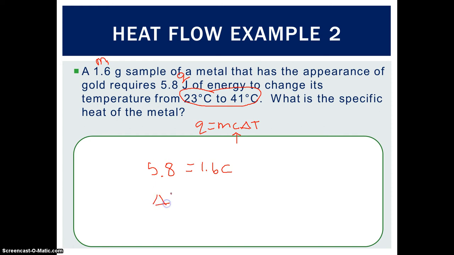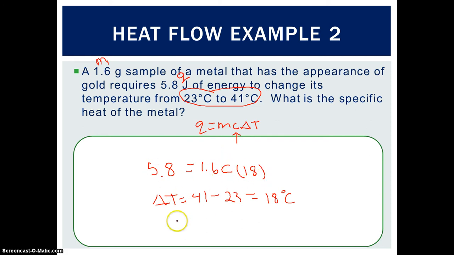Delta T is final, so the temperature is heated to, which is 41 degrees, minus the initial temperature, which is 23. 41 minus 23 gives me 18. So my delta T equals 18. That's what goes here. 18 degrees Celsius.